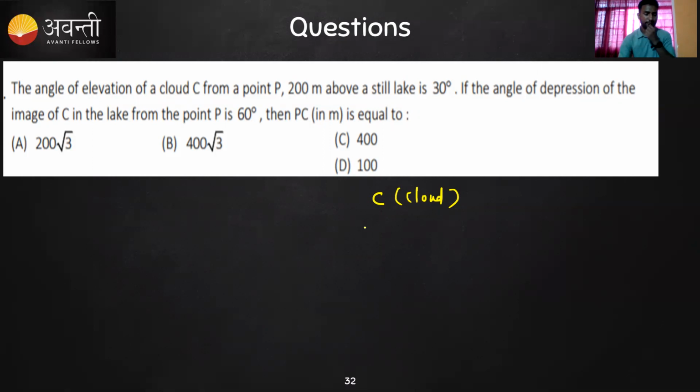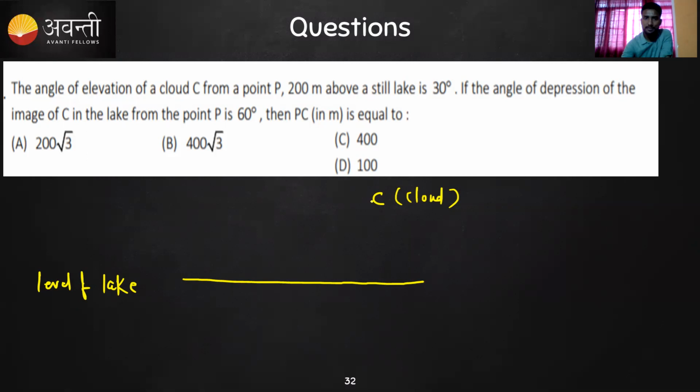It means, just see, above a still lake. So suppose this is the level of the lake. This is the level of the lake, right?